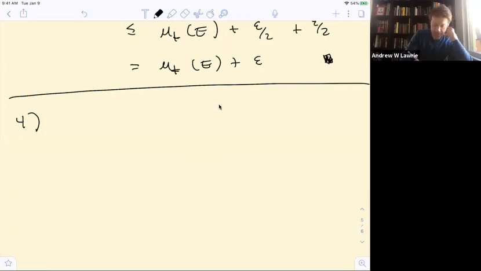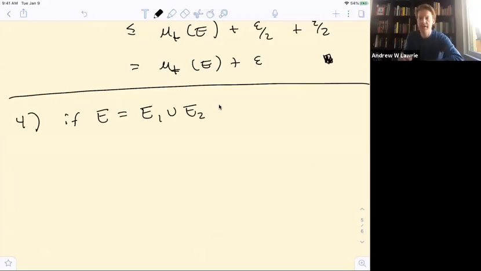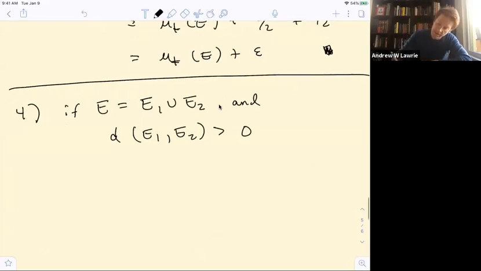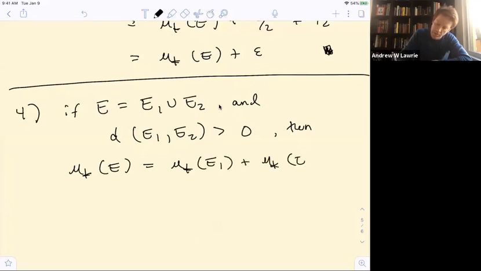Now here we're getting into some real meat. If you have a set E which is the union of two sets, E1 union E2, and the distance between E1 and E2 is bigger than 0, if these two sets just have positive distance between them, then the exterior measure of E is equal to the exterior measure of E1 plus the exterior measure of E2.